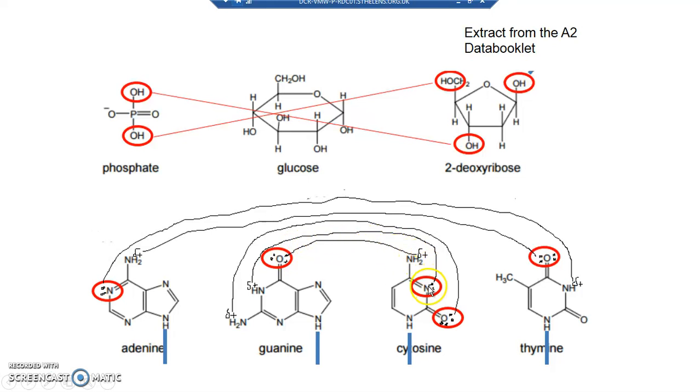Then we go round one either side, and the lone pairs of electrons on the N link to the delta plus on the NH, because the N is very electronegative, so that's going to be a polar bond, forming a hydrogen bond with that lone pair there.